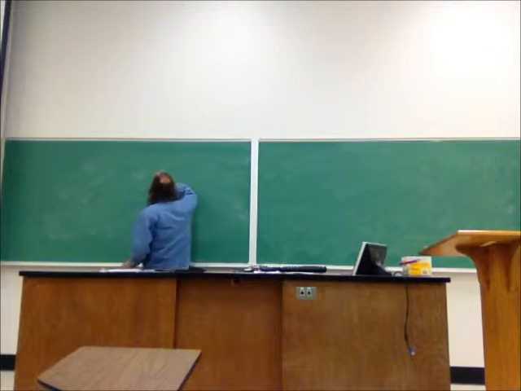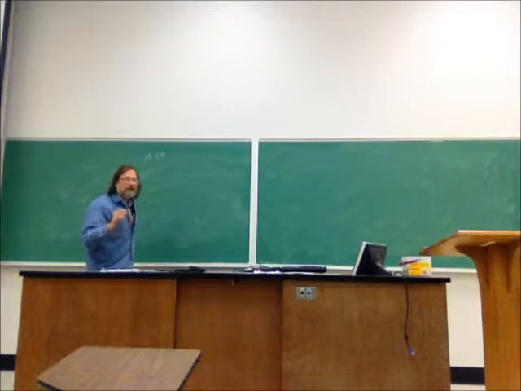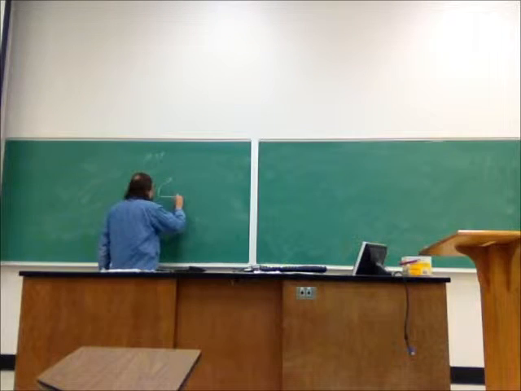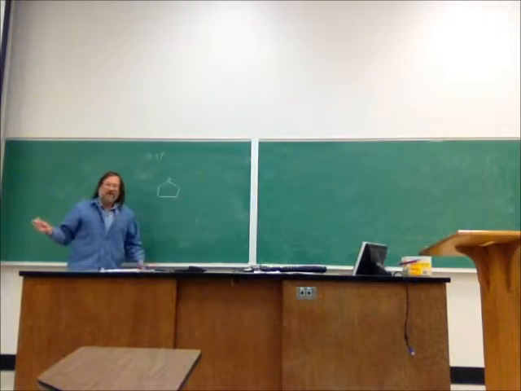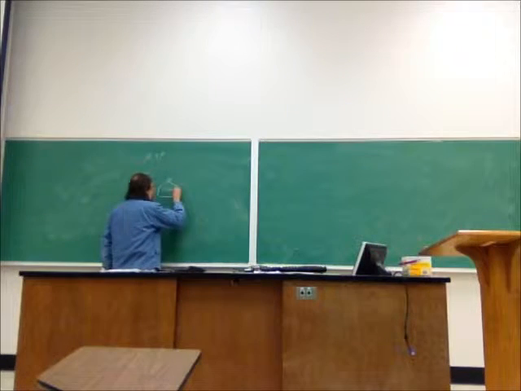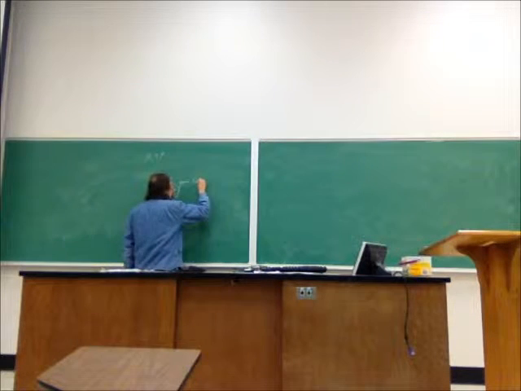Well, let's take a look at ATP. ATP is a nucleotide. You start out with a 5-carbon sugar called ribose, and this is just a kind of standard shorthand representation for it. Attached to this carbon over here is going to be the base called adenine.